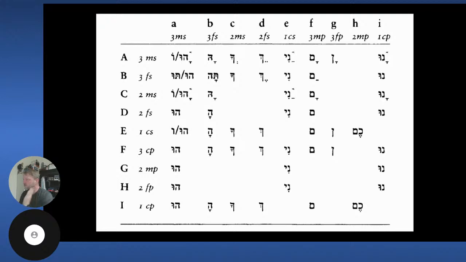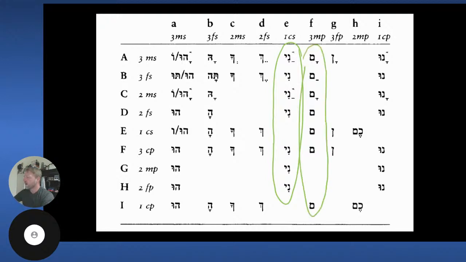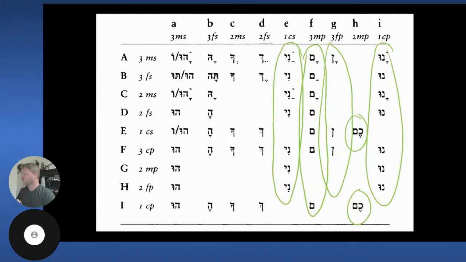Really, most of it's understandable. For me, we say ani or ni. For them, am or an. For you, chem, also chen, if it existed. We just don't have these forms in the Bible, but it doesn't mean it couldn't exist. And anu for anachnu, anu or nu.